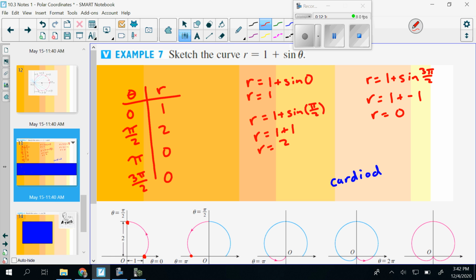So that's why you see a point right here now at 0, and if you continue on at 2 pi, it's going to end up being the same thing as 0, and so we get this kind of shape right here that is referred to as a cardioid. So that's another example of a graph in polar.